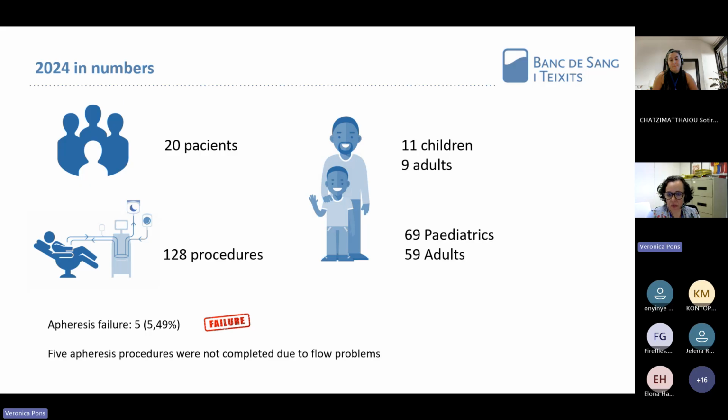The slide shows the distribution according to age, and only 5 procedures could not be completed due to flow problems. We have to say that as children get older and have used the port device for years, we cannot perform the apheresis at very fast speeds, and also we have to process more and more volume, so sometimes it could be a problem.